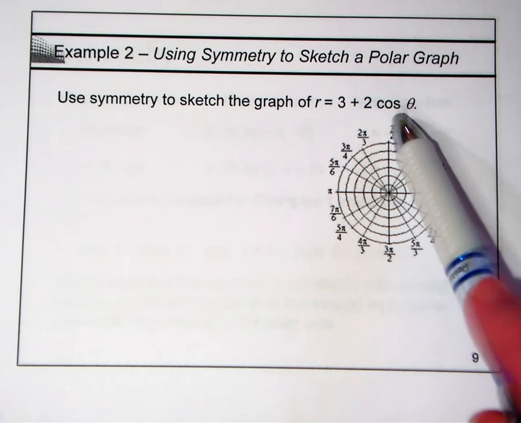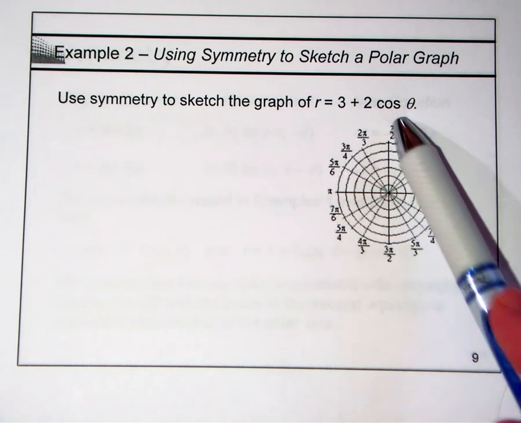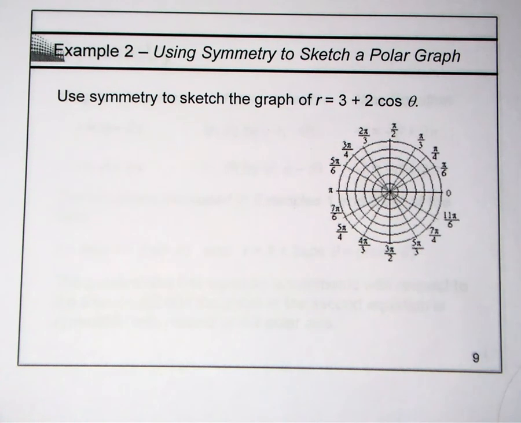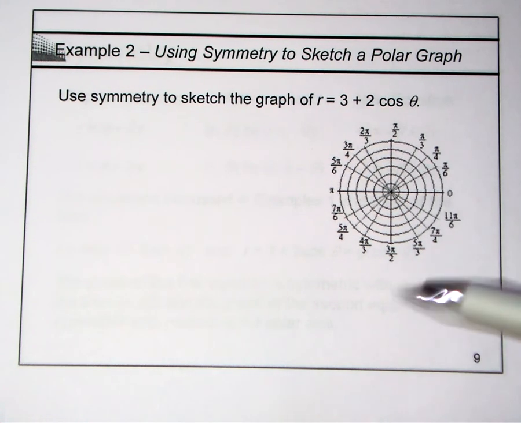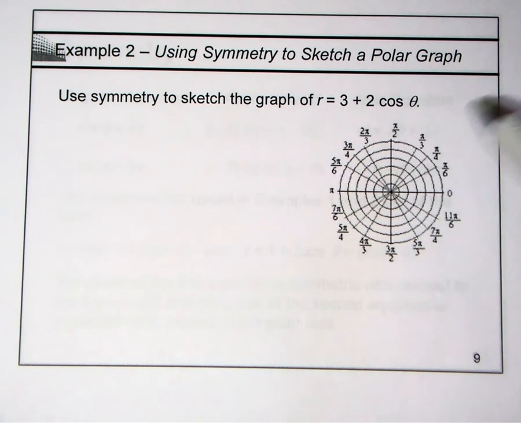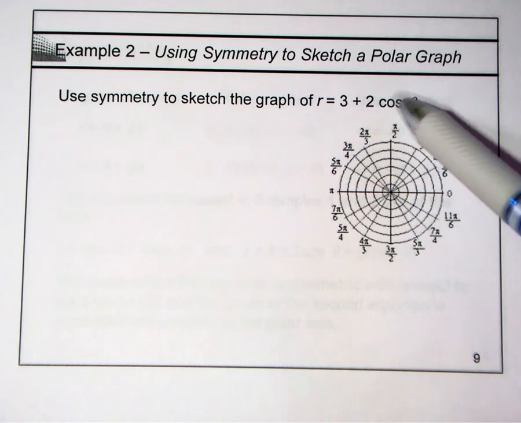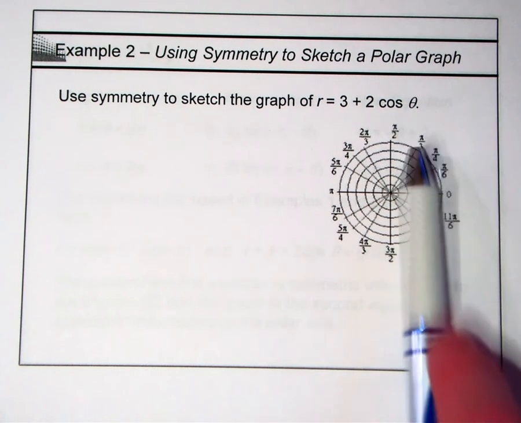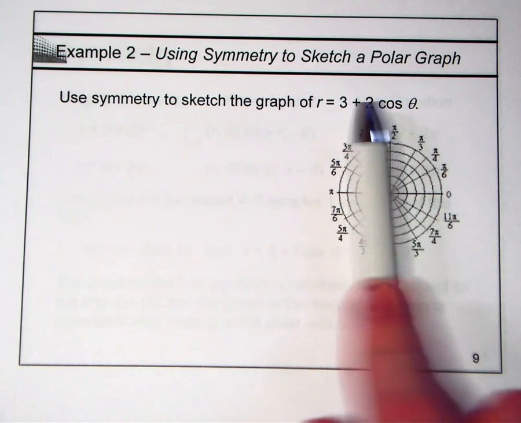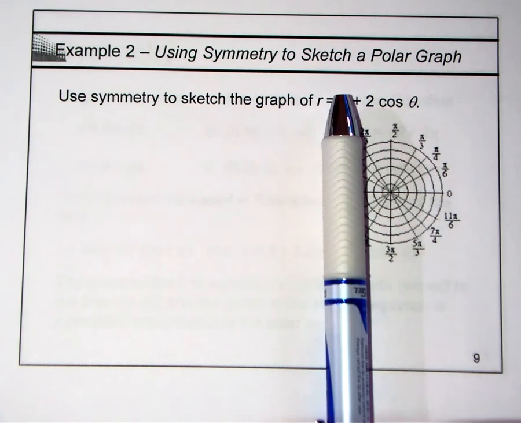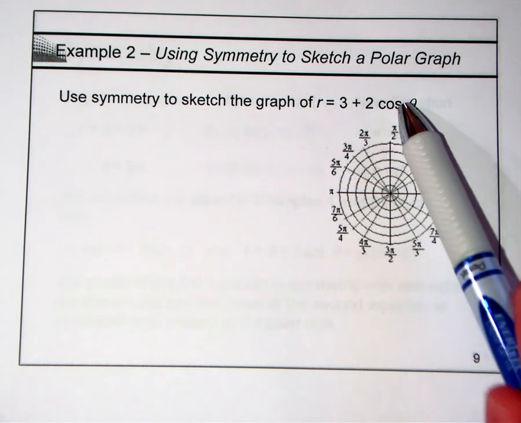If it's a function involving sine, remember that if you're looking at your unit circle, sine refers to the y coordinate. So if it's a sine function, then it's going to be reflected or symmetric over the y-axis or the pi over 2 axis.